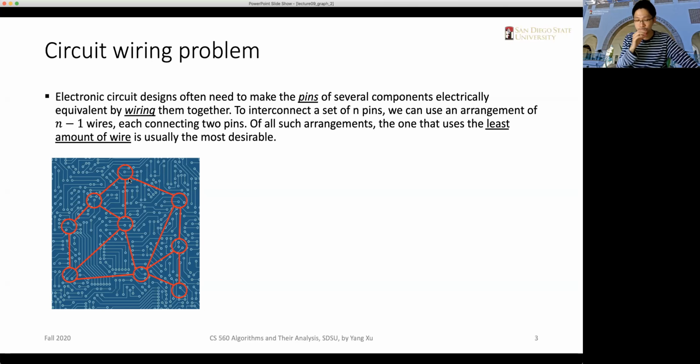And not all of these wires are necessary, because when these two pins are already connected to each other, then this vertical wire is not necessary. Because these three are already interconnected through those two wires.